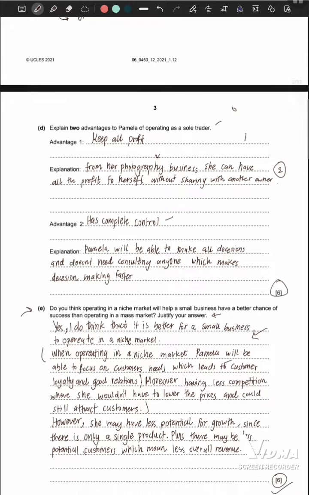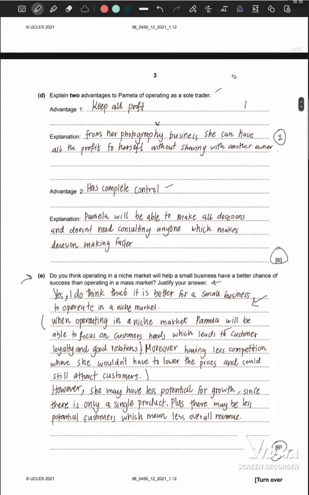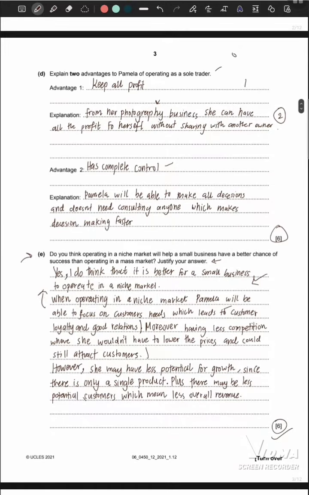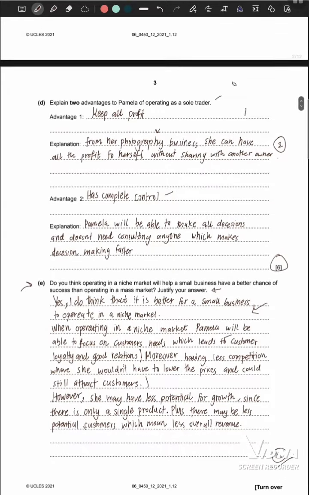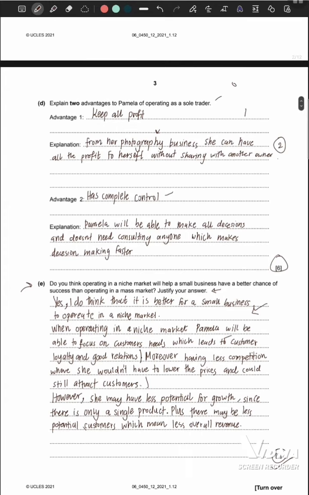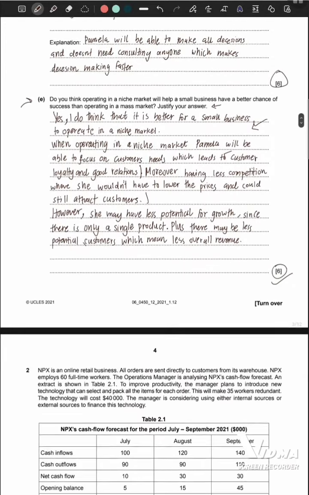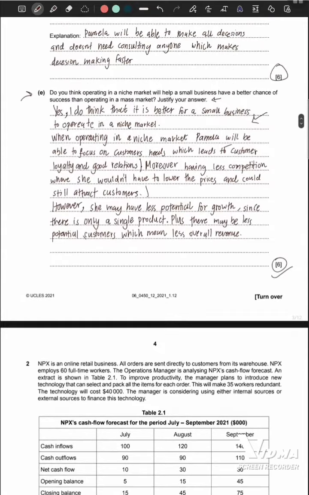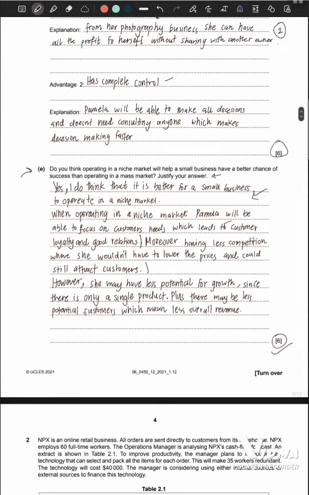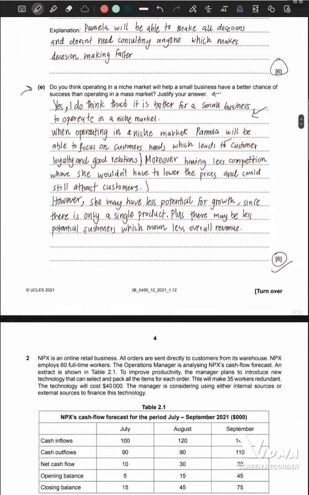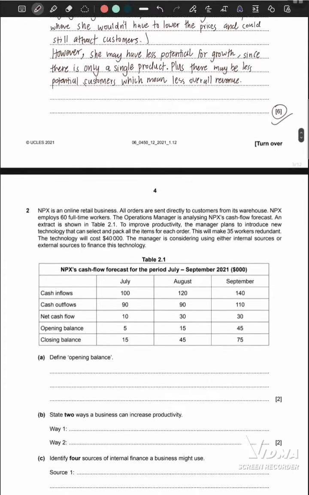So maybe if you did choose mass market, it could be better, who knows. But I still would prefer niche market, because her business is still small and she still only has 2 employees. All right, that's it for question number 1. Hopefully it was helpful. So we'll go to question number 2.